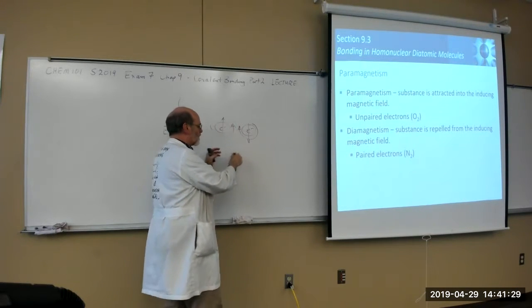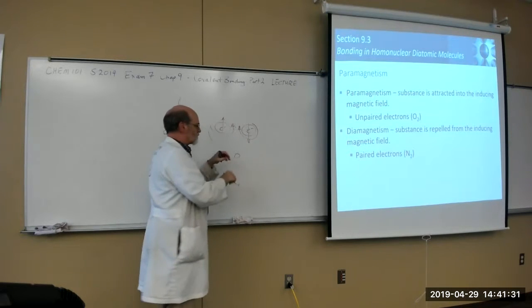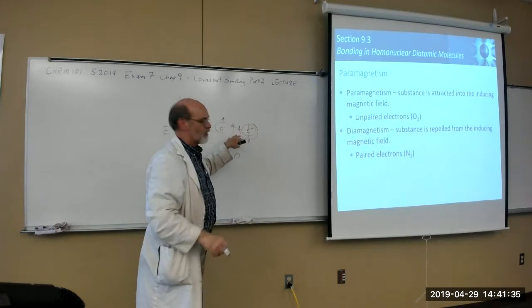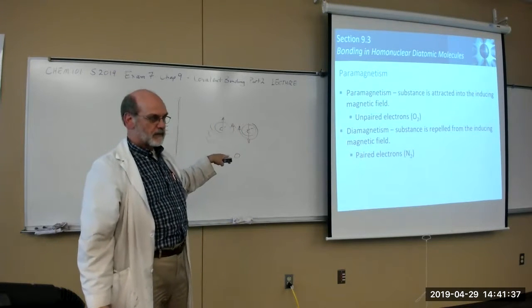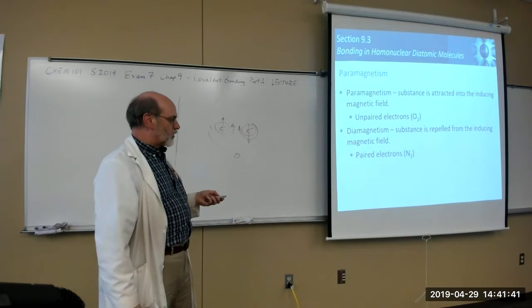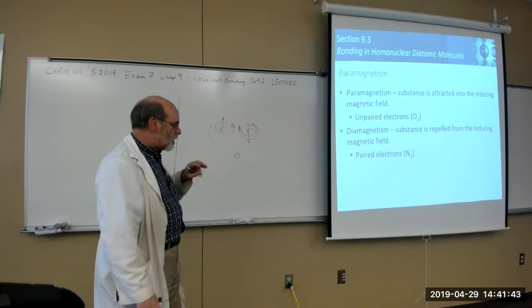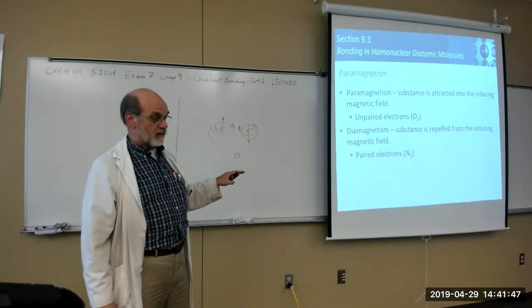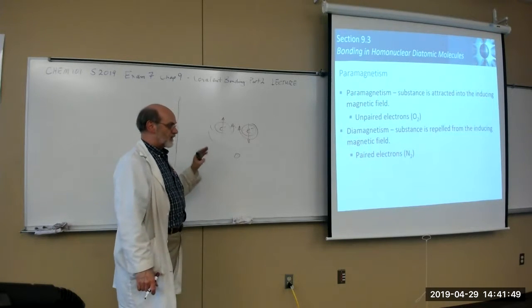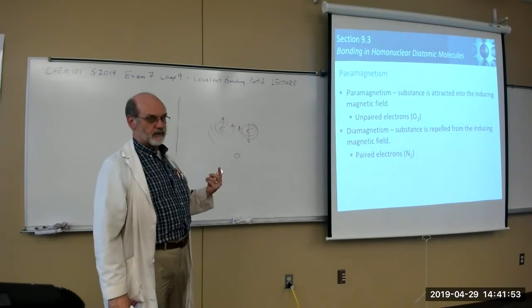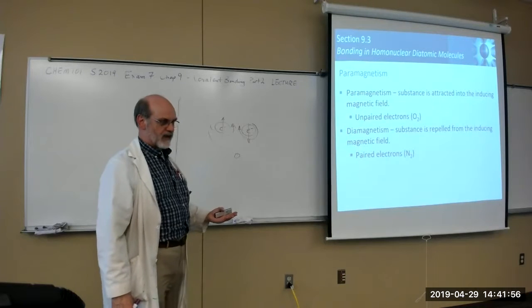They cancel one another out. There's no interaction between this pair of electrons and a magnetic field. So if your molecule has all of its electrons paired, then it will not interact with a magnetic field, whereas if it has one or more unpaired electrons, it will interact with a magnetic field.